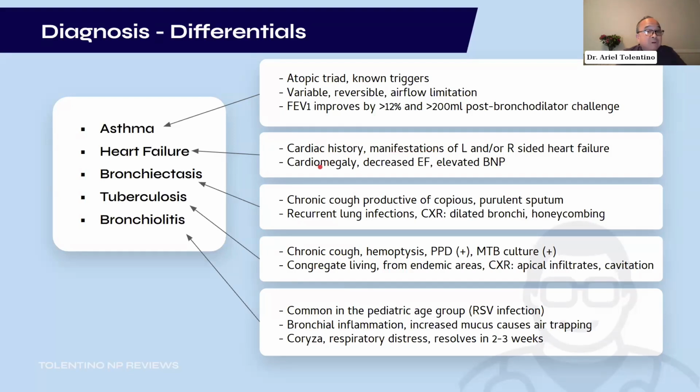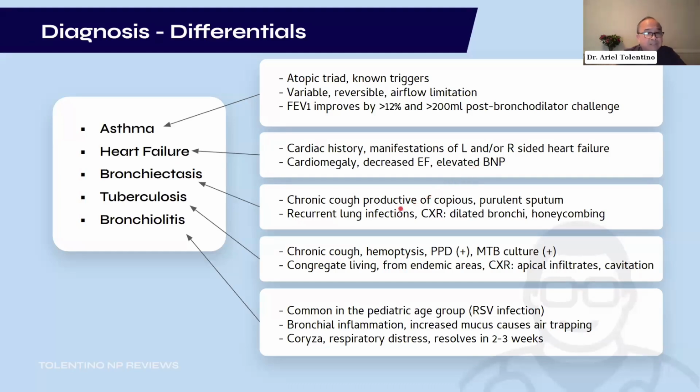On the physical exam and the X-ray radiologic findings, you might find cardiomegaly or a decreased ejection fraction or even elevated brain natriuretic peptide. Now, your brain natriuretic peptide, this substance is actually produced and released into the peripheral circulation if you have stretching of your ventricles, which is commonly associated with congestive heart failure.